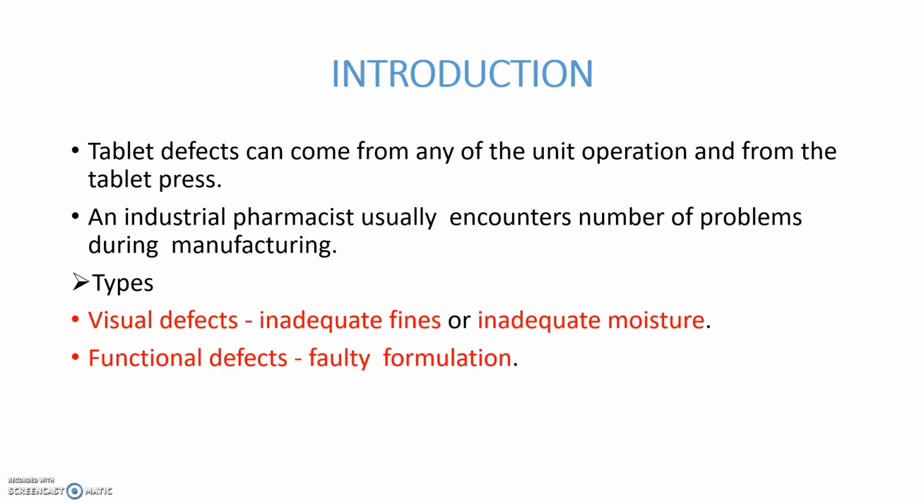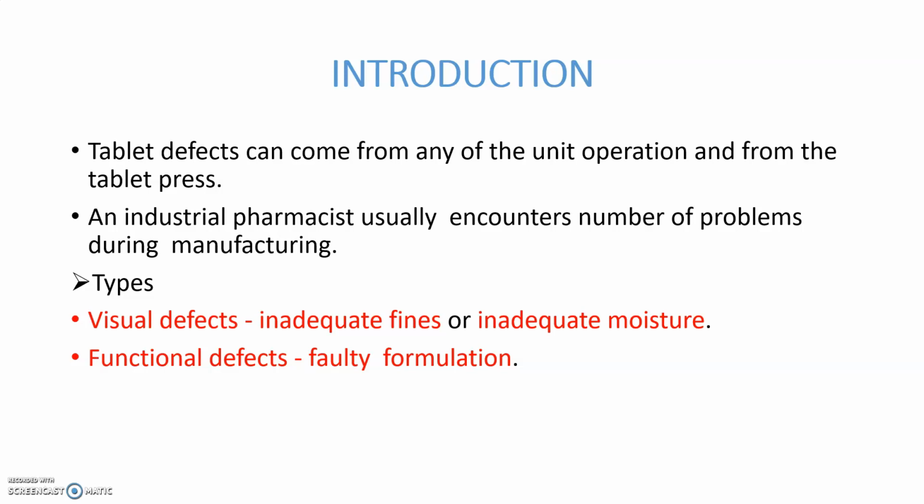We can broadly classify the defects into two types. The first is visual defects. We can identify these defects by seeing the tablet, and they are due to inadequate fines or inadequate moisture in the tablet. These are surface defects, easily identified when we see the tablet.